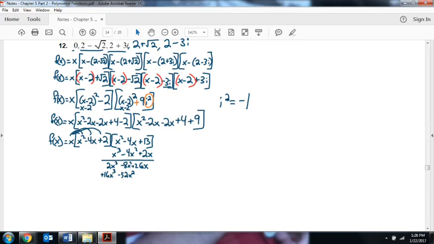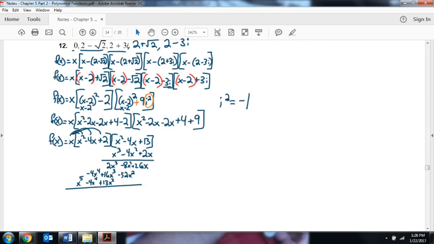Negative 4x squared times x squared is negative 4x to the fourth. And then last but not least, x cubed times 13 is 13x cubed. x cubed times negative 4x squared is negative 4x to the fourth. Is that right? Yep. And then x cubed times x squared is x to the fifth.